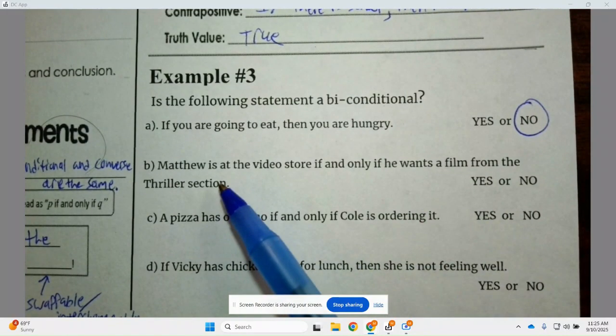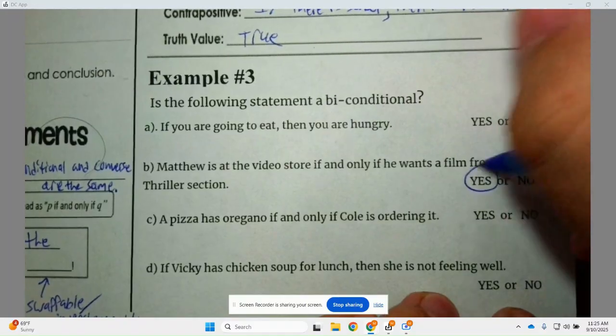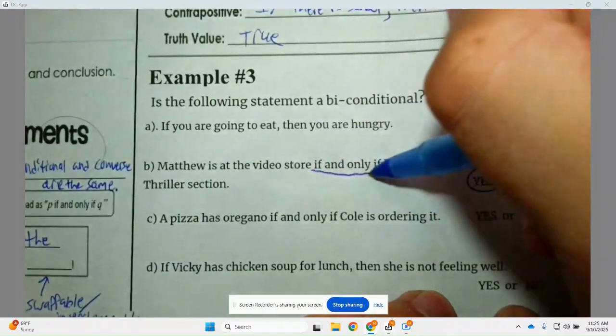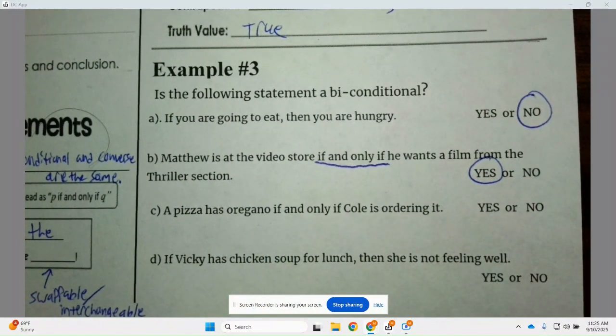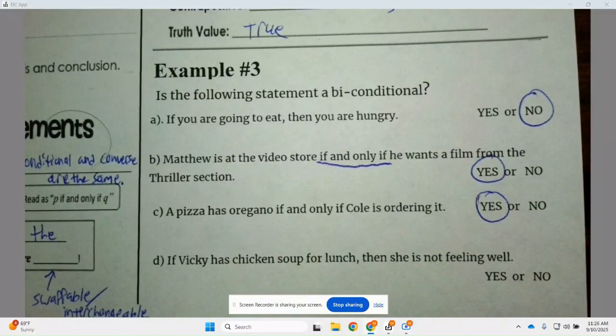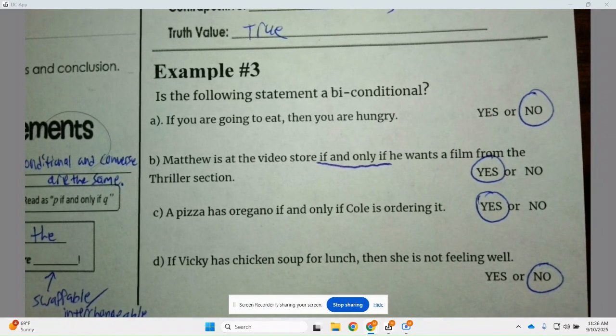Letter B, Matthew is at the video store if and only if he wants a film from the thriller section. Well, yeah, that's a biconditional statement. It says if and only if. A pizza has oregano if and only if Cole is ordering it. Well, yeah, that's biconditional. It has the if and only if. And lastly, if Vicky has chicken soup for lunch, then she's not feeling well. Not biconditional. I don't have the if and only if.